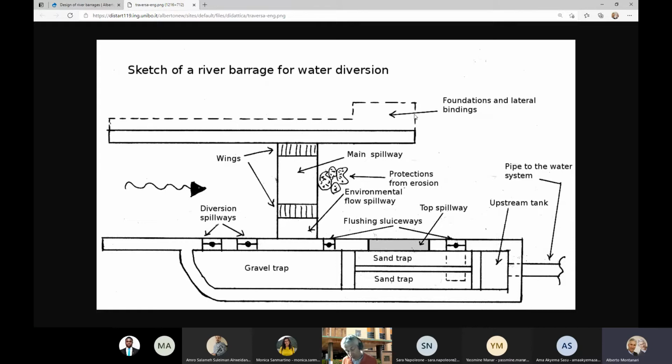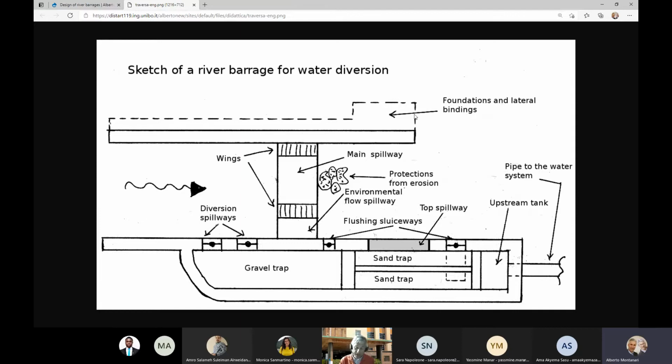The reasons are manifold, and I want to mention just the two most important. If you make an open channel very steep, the water flow is very speedy. You have a high velocity.